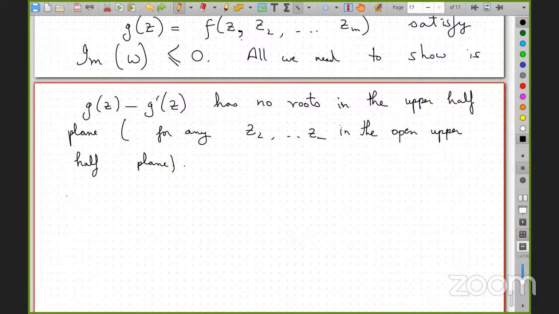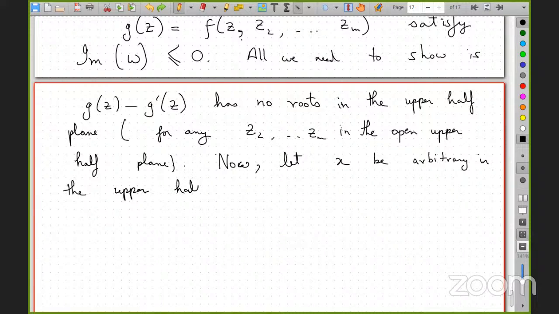So now consider g' is the derivative, right? So all of this is essentially trivial if you do exactly what you have to do. Now let x be arbitrary in the upper half plane.